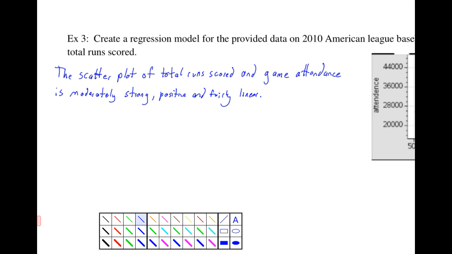Conditions: quantitative data. Both game attendance and total runs scored are quantitative.